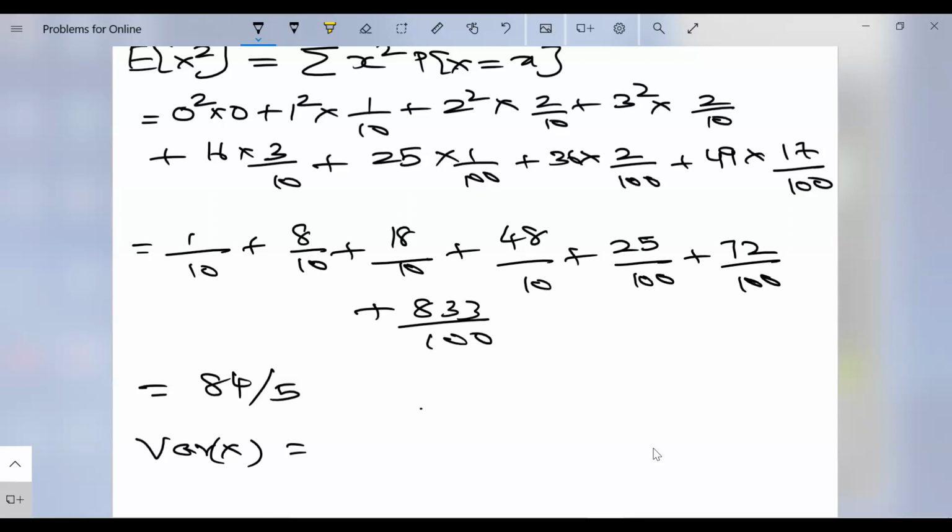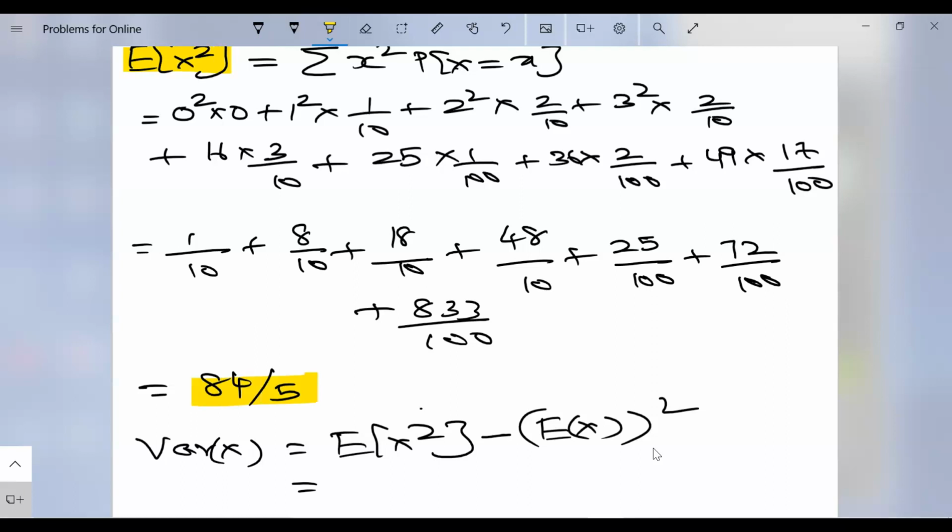So at last, the variance of x. Variance of x is equal to expectation of x squared minus expectation of x the whole square. Let me write it properly. What is the value of expectation of x squared? Already calculated, 84 by 5.